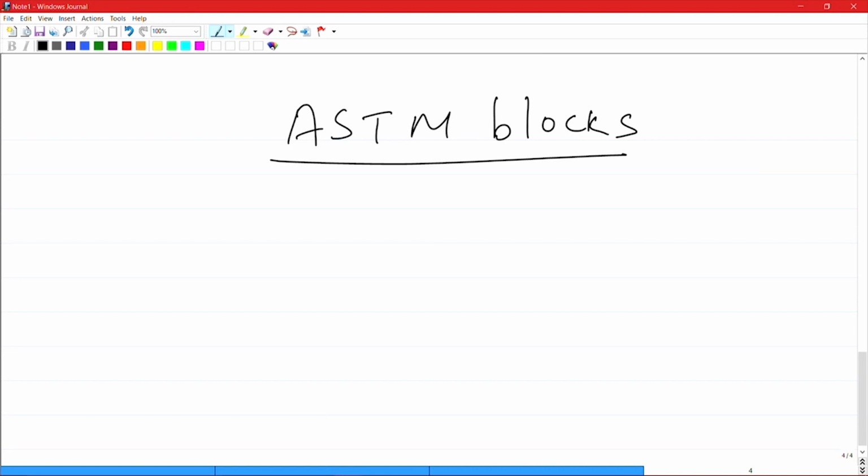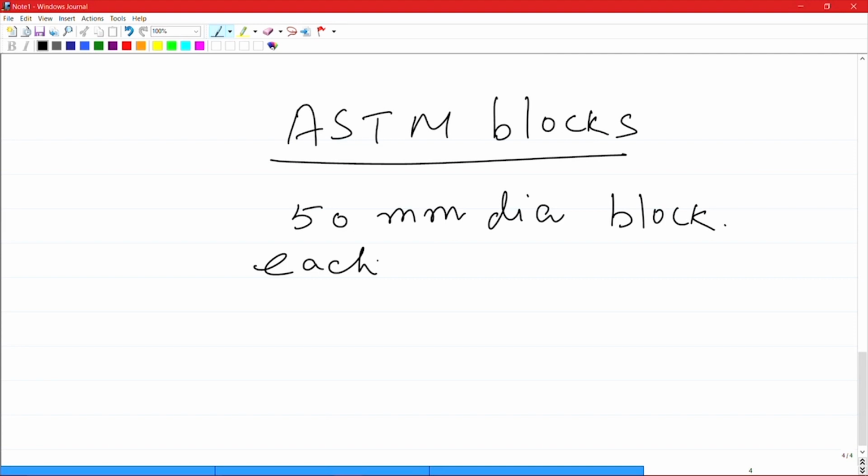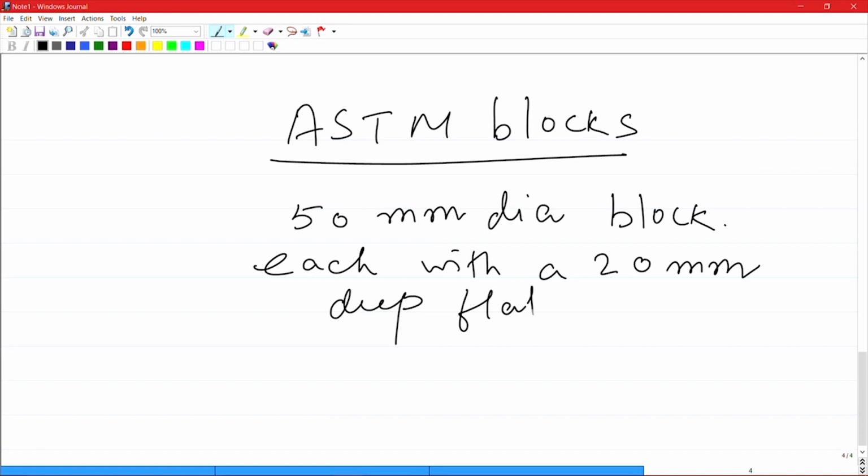So, this set of blocks consists of a 50 mm diameter cylinder, and each of these 50 mm diameter blocks will have a 20 mm deep flat bottom hole, and then you can have different metal distances and different hole diameters in order to get either different distances for calibrating the distance or different areas for calibrating the area.